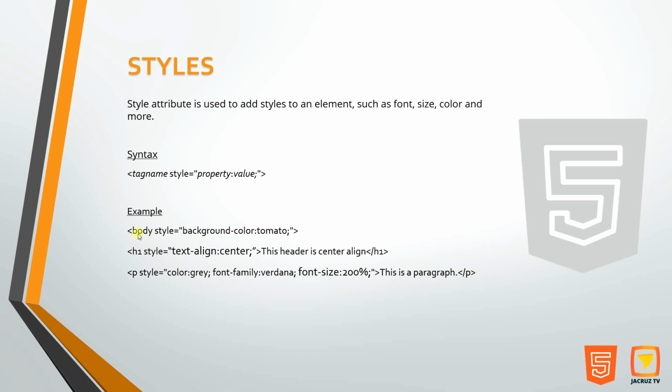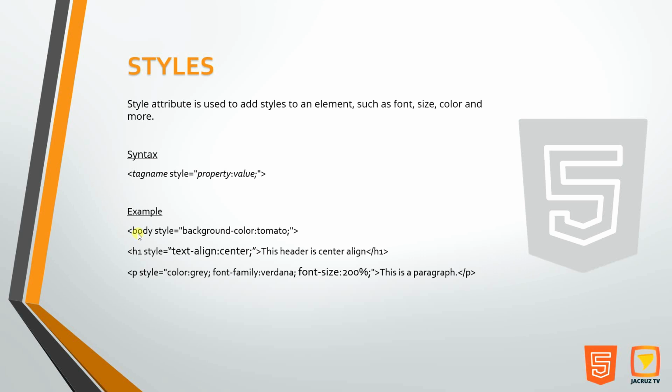Actually, guys, in HTML5, there are already pre-built colors. Before, we were using hex or RGB, but now there are pre-built colors. For example, I can use tomato, like a light orange color.